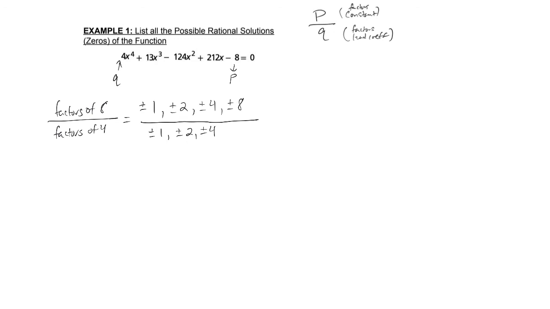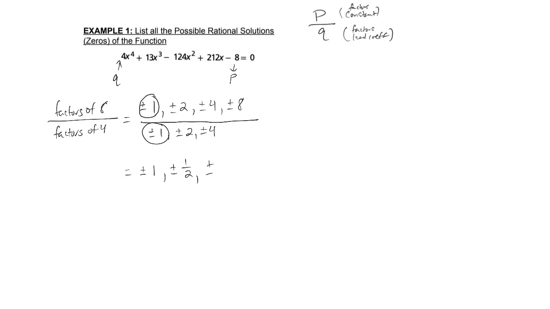Okay, so to list all possible rational solutions, we need to do each term on the top over each term on the bottom. So 1 over 1 would be plus or minus 1. Then plus or minus 1 over plus or minus 2 would be plus or minus 1/2.